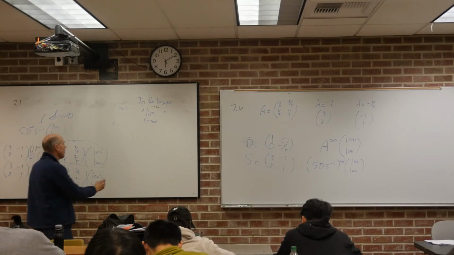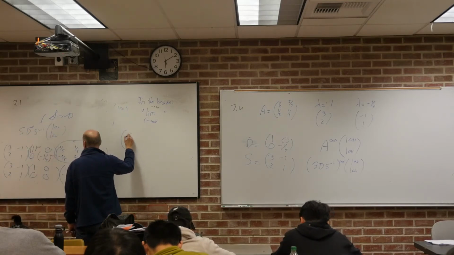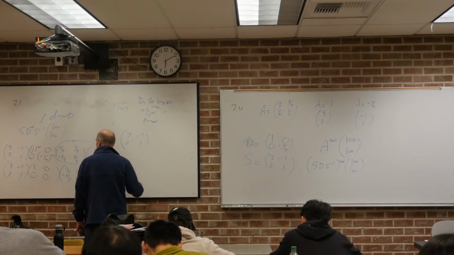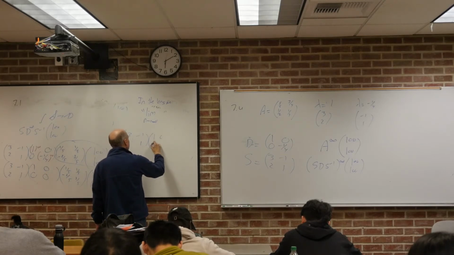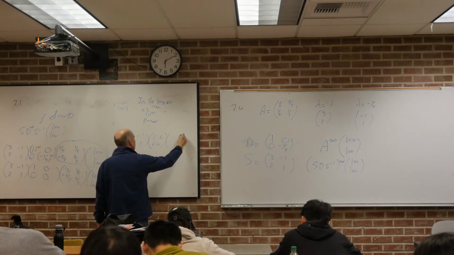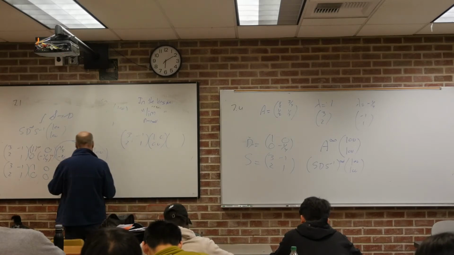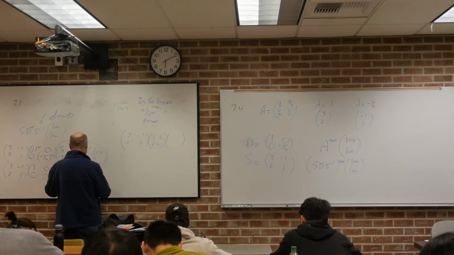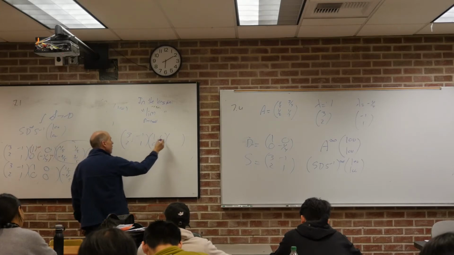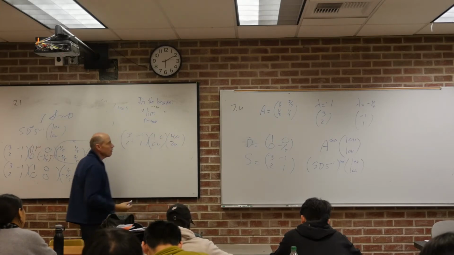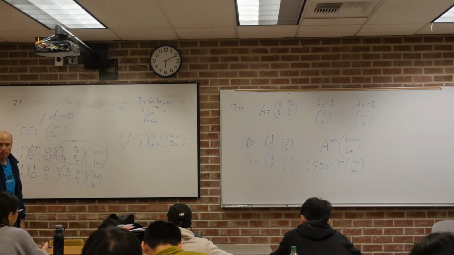So let's do that: 3, 2, 8, 1, 1, 0, 0, 0, and 40, 20. So that's the 40, 20 that we had before.